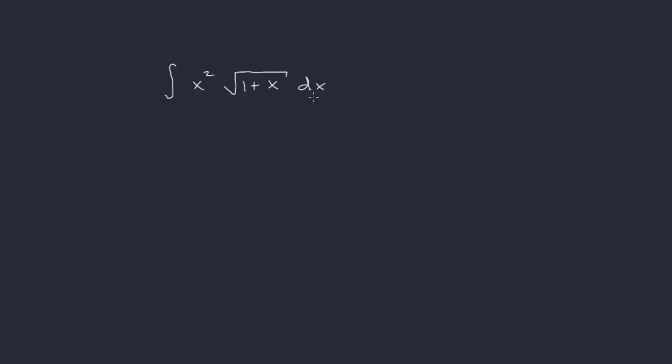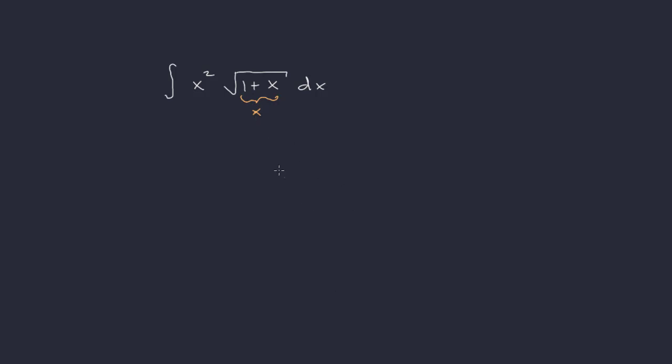Okay, here's another one that maybe doesn't quite look like we could do anything with it. Because usually for a U substitution, which is really the only real trick we have right now, we need the derivative of the stuff sitting outside of it, and we don't have that here. But we're going to do a little trick kind of like we did last time.